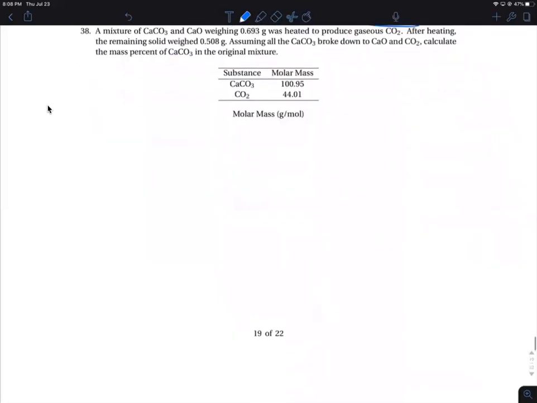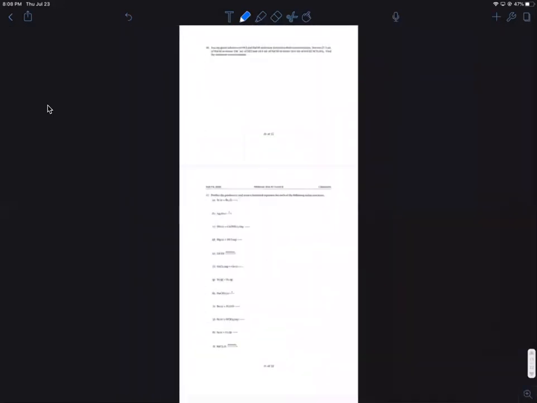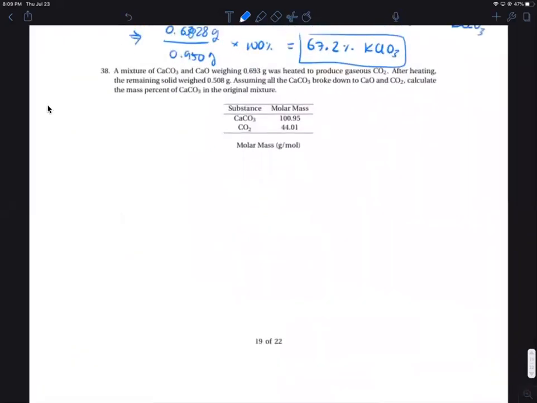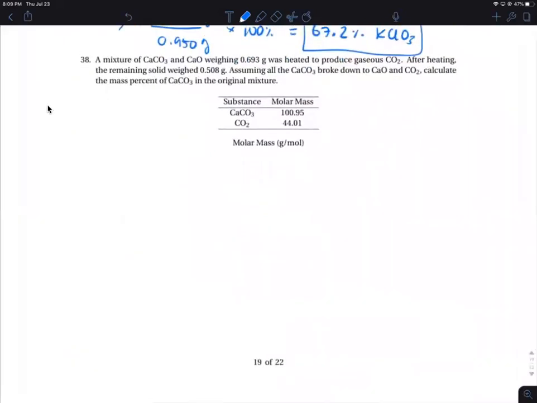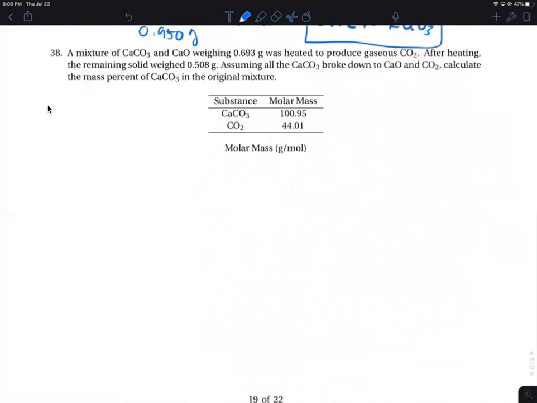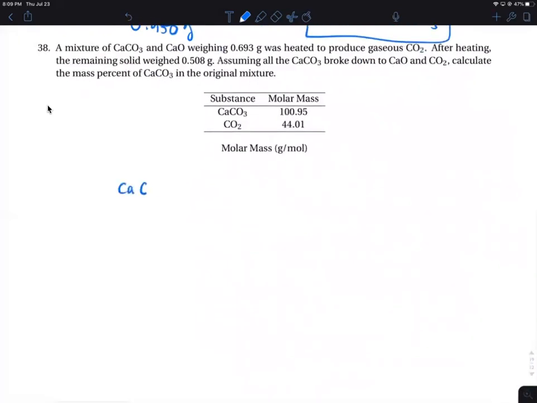All right, cool. And now for number 38. Okay, so there's still a couple left. For number 38, it's kind of a similar problem where we heat CaCO3 up to produce CaO and CO2 gas.